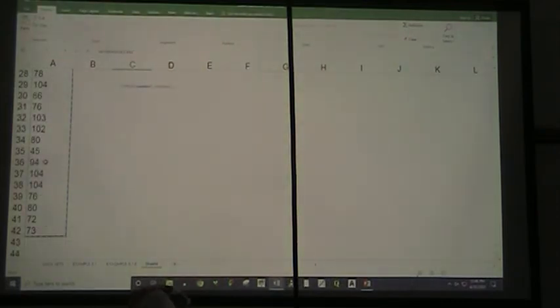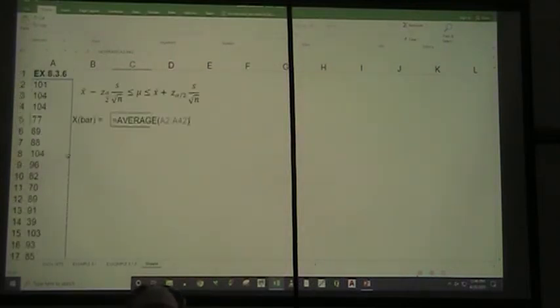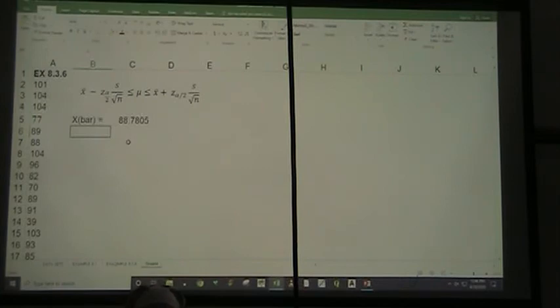Close parenthesis. All right, so 88.7805 is our x bar.